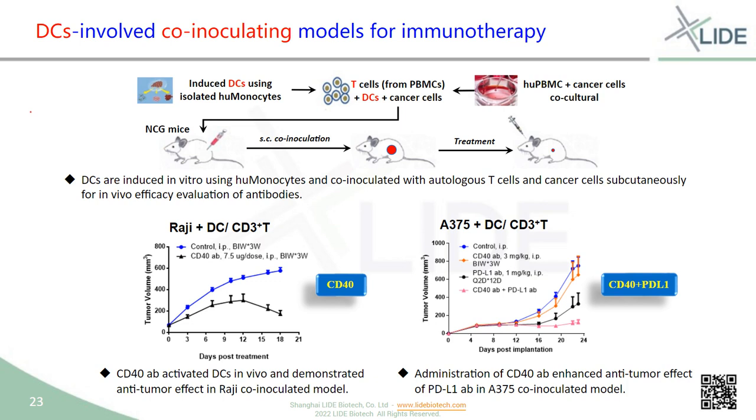Here, we developed a monocyte-derived dendritic cell, cancer priming PBMC, and fresh cancer co-transfer NCG mice model for anti-CD40 antibody in vivo tests, and proved that the combination of anti-CD40 and PDL1 antibody fully stopped melanoma cancer development.